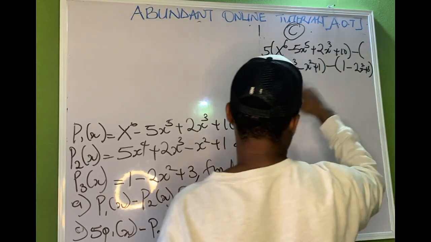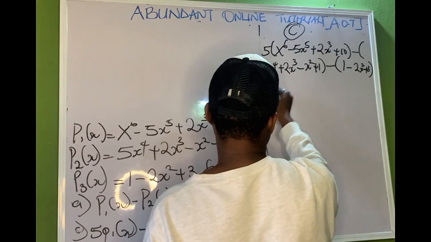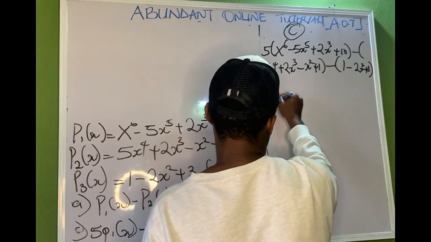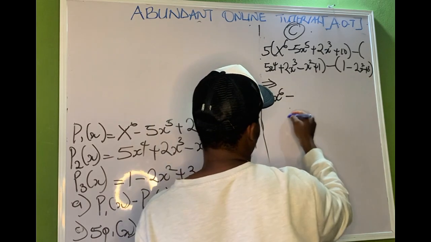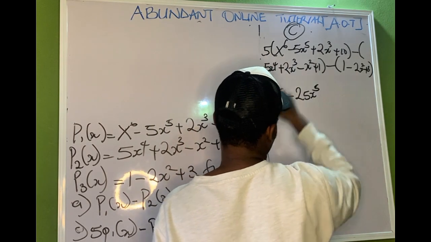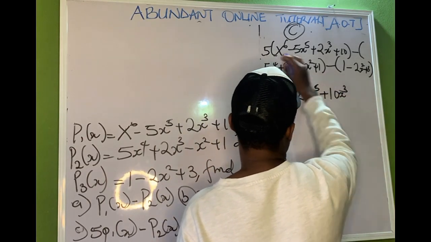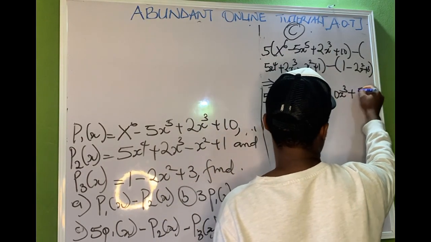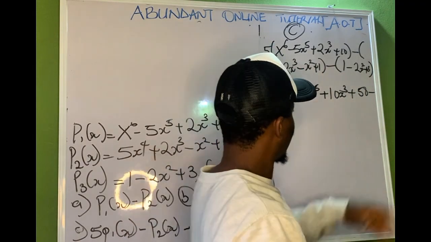What are we going to do? We are going to multiply this. So we now have 5x^6, then minus 25x^5, that will be 5 times 5, that will be minus 25, plus 10x cubed, 5 times 2 is 10, plus 50.